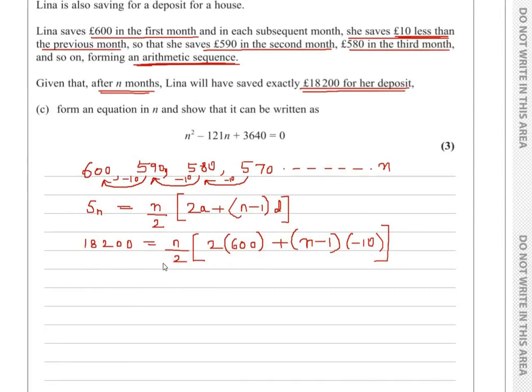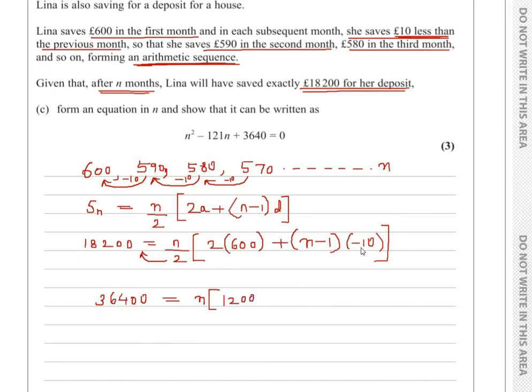Now, what we are going to do is take the 2 to this side and multiply 2 with 18,200. So we get 36,400 equals n times the bracket. In the bracket we have 2 times 600, which is 1200.